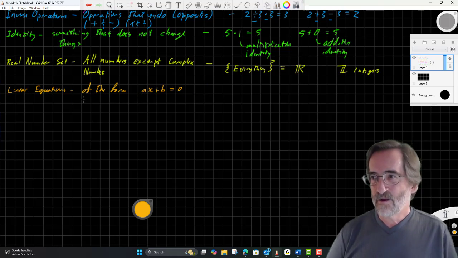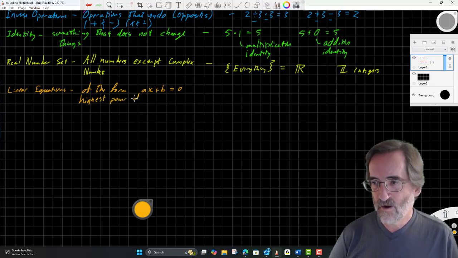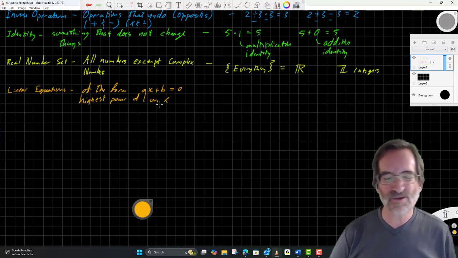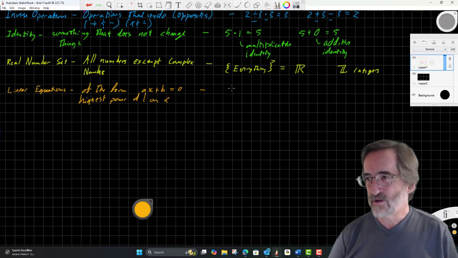Okay, that means it has the highest power of 1 on x. So no squareds, no cubes, they're linear. Example, 4x plus 3 equals 9.